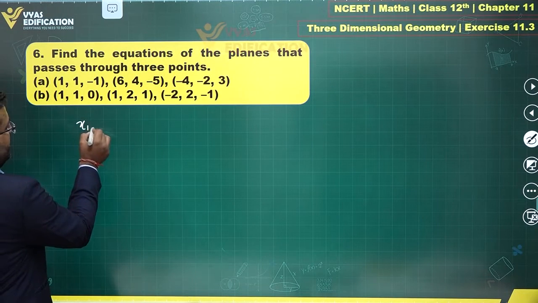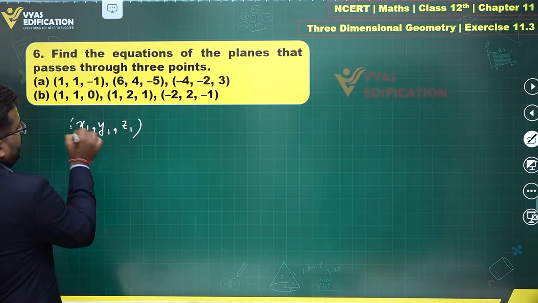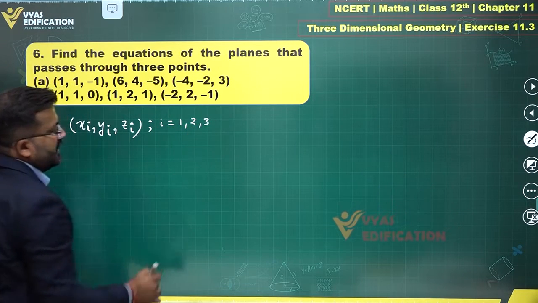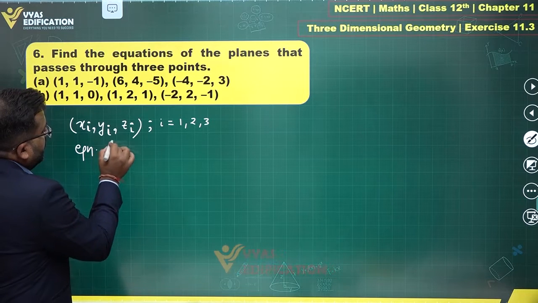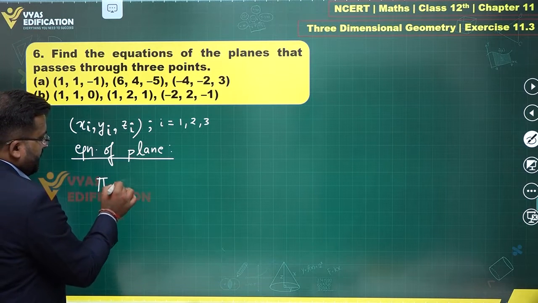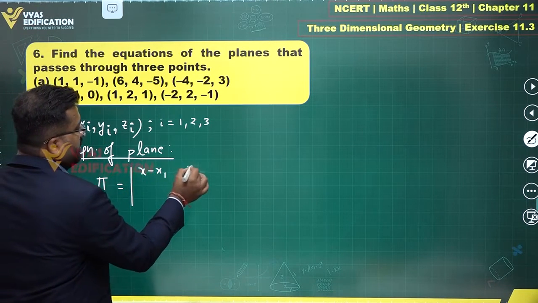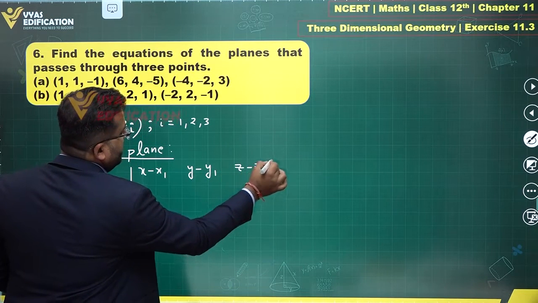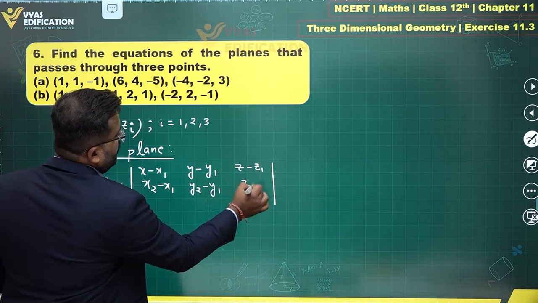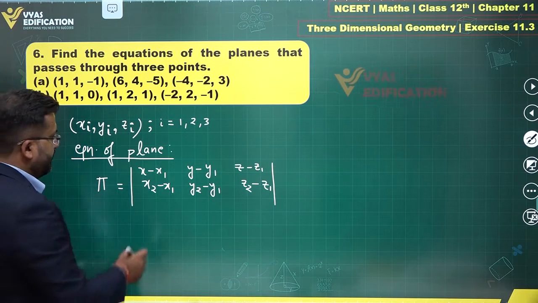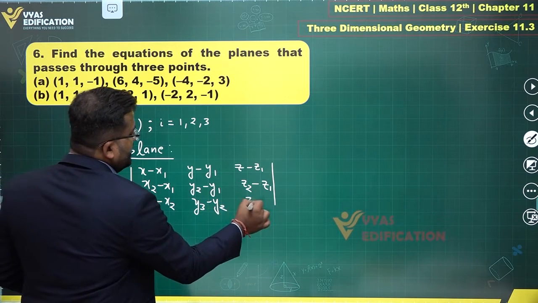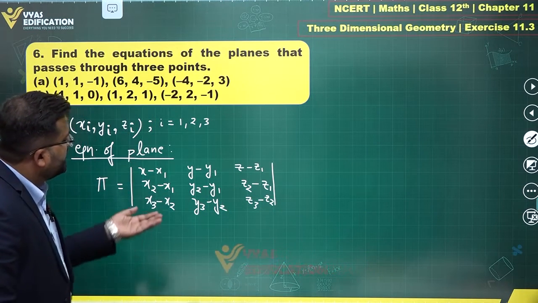So if you have x1, y1, z1, or for that matter xi, yi, zi for i equals 1, 2, 3, the Cartesian equation of the plane can be represented by pi, and that is equal to x minus x1, y minus y1, z minus z1, x2 minus x1, y2 minus y1, z2 minus z1, and you have another vector which is x3 minus x2, y3 minus y2, z3 minus z2. Now which should I take over here?